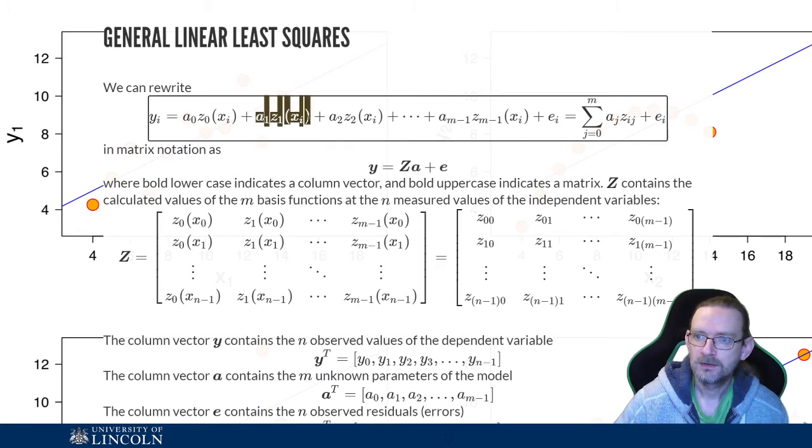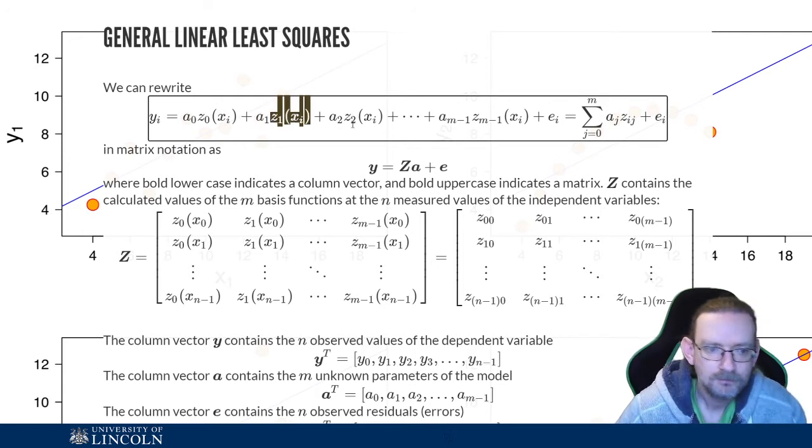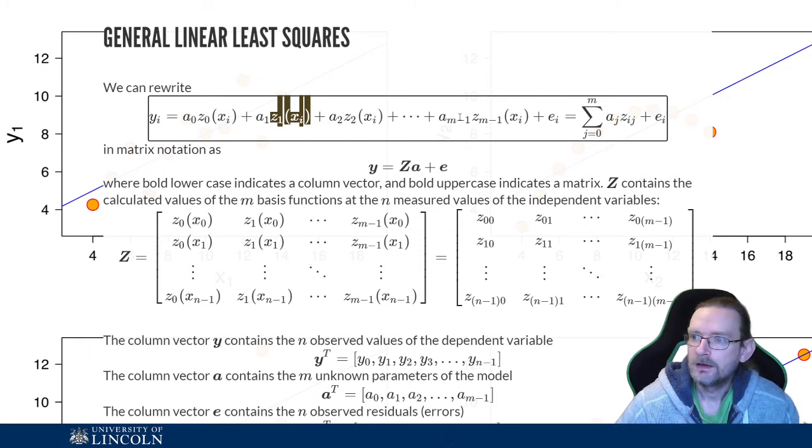Then the same, but with a second parameter and the second basis function. And then so on. And then there's an error term at the end for each one. So this should be an m minus 1 actually in the thing.